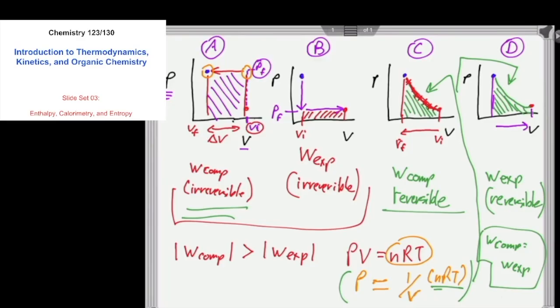The overall delta U for all of these is still 0. If we go from blue to red, no matter which path we take, the overall change in delta U will be 0 because we start and end in an isothermal state. On the path, though, they do not have to behave that way. We're not in an equilibrium position, so it doesn't have to behave in an isothermal way.